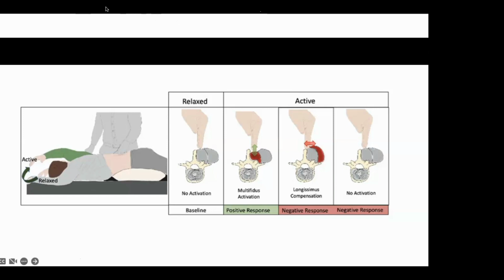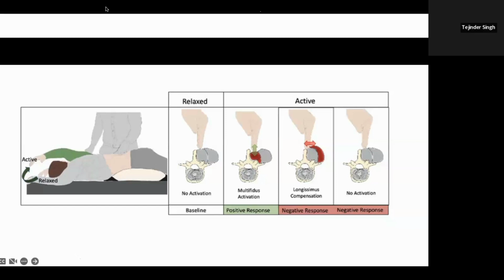We're going to talk about how we can train multifidus individually. We're also going to talk about what exercises you can do to actually train it, and what the research says are the preferable exercises, because there has been a lot of research done on choosing the right exercise if you're trying to activate the multifidus.